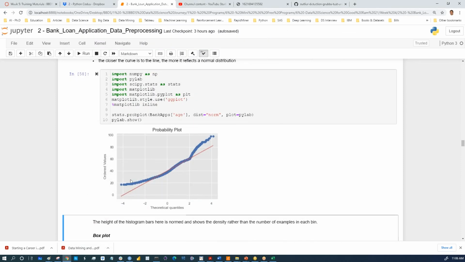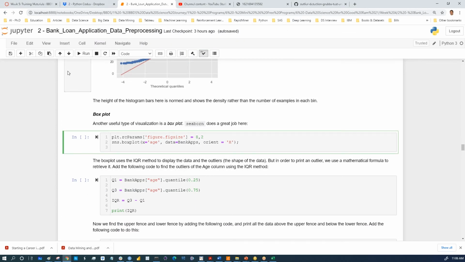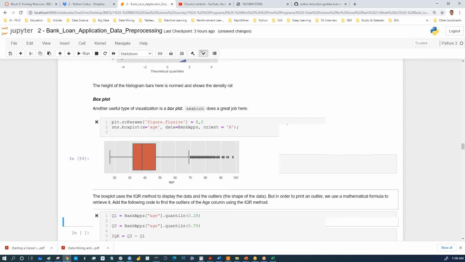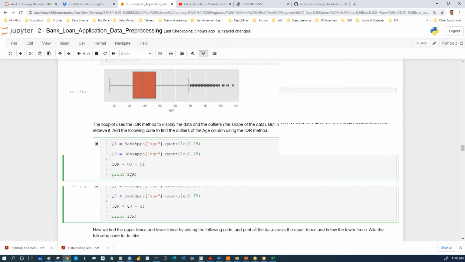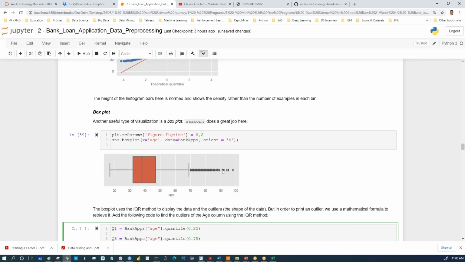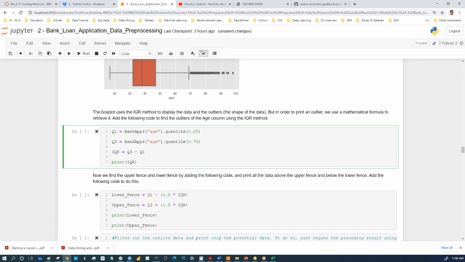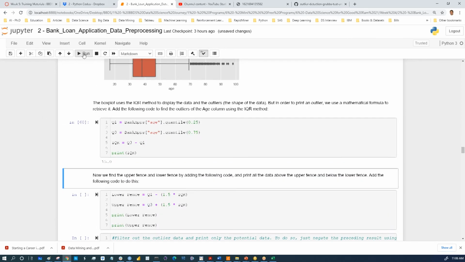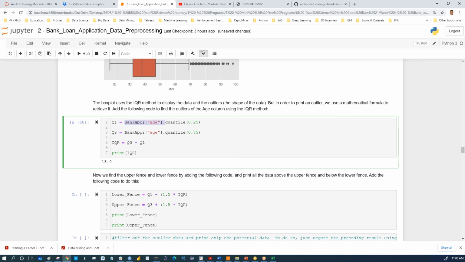One way is to eliminate anything that is above the whisker. To do that, we are going to create the IQR. The IQR is simply the third quartile, or 75% of your data, minus your 25% of your data, which is 15.